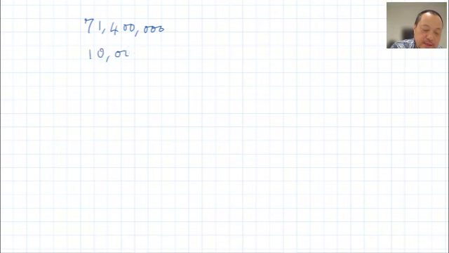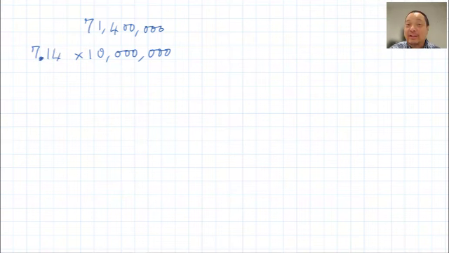It's in the range of the 10 millions. And how many 10 millions? 7 something. Well, I want it to be kind of like 7. So I go 7.14. It's basically 7 times 10 million. In scientific notation, it is 7.14 times 10 to the 7th.